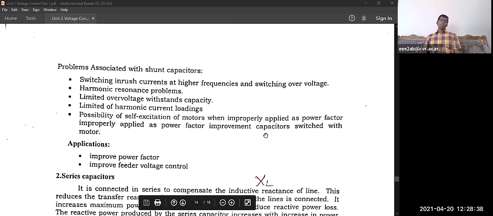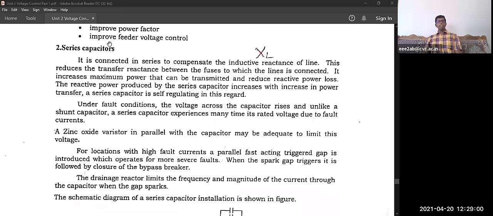So even though some limitations are there, this shunt capacitor bank is being used in many of the industries, as well as in substations, and in between the transmission line, that is, a switching substation.